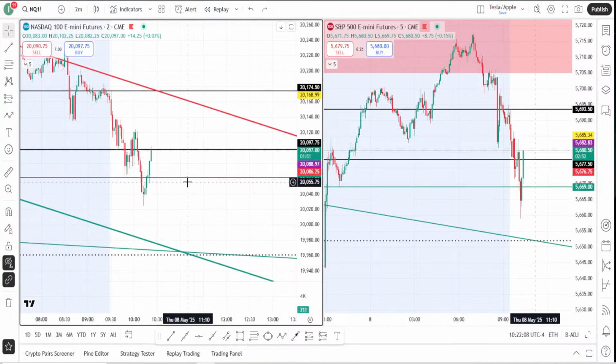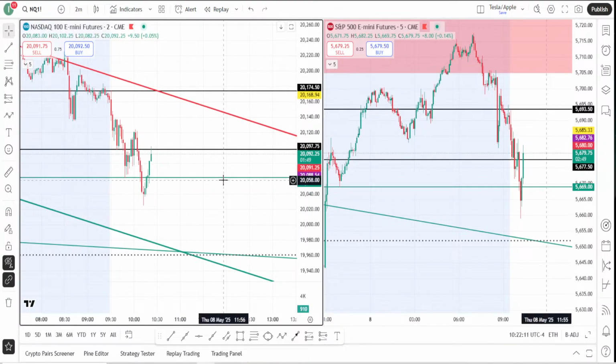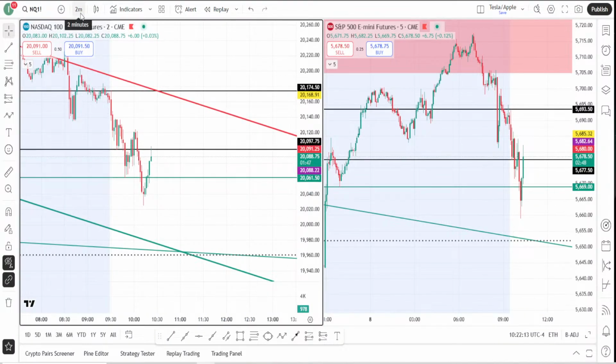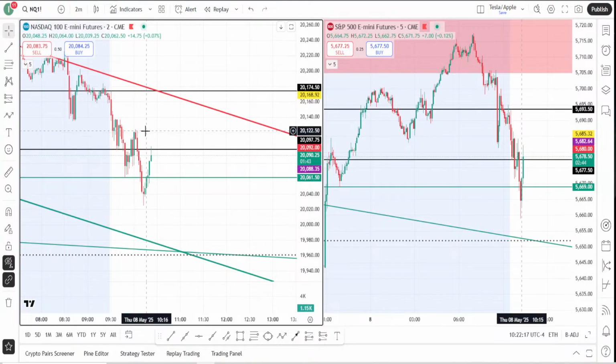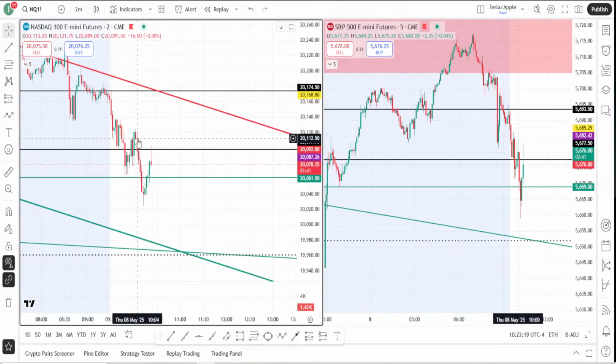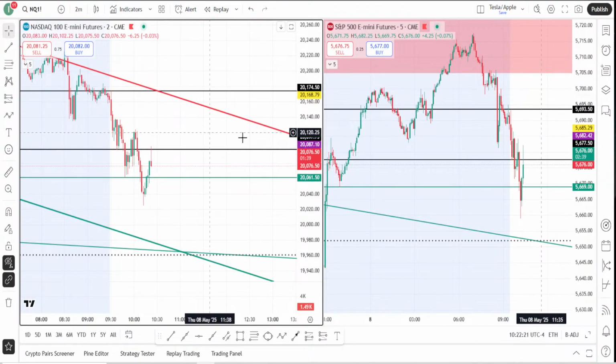Okay, this looks like it's going up now. I'm looking for longs. I'm looking for this to go up, take out probably the previous level of resistance.